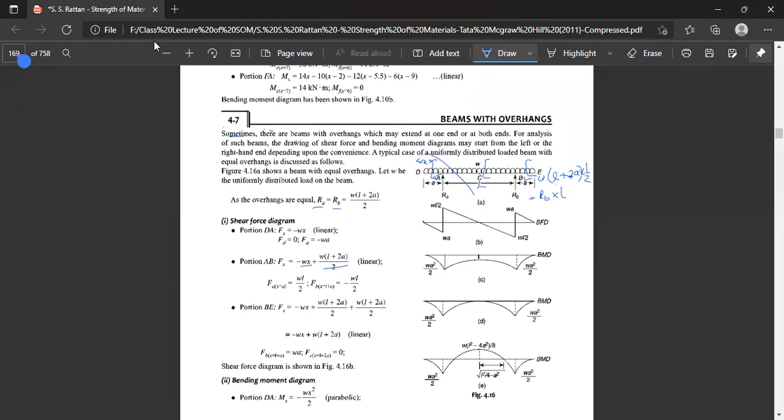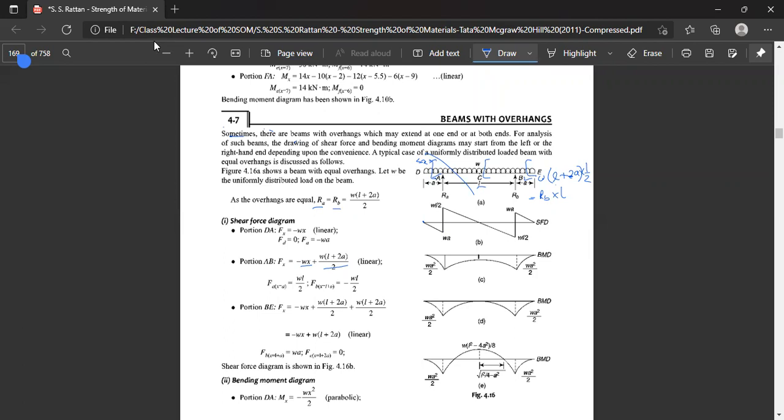So Fx, the equation of shear force at the portion D to E, is equal to minus Wx plus W into (L plus 2A). If we put the value at the point B, where x is equal to A plus L, the force will become Wa, a constant, which is positive here, and at the point where x becomes L plus 2A, both sides will cancel each other and the shear force will become 0.